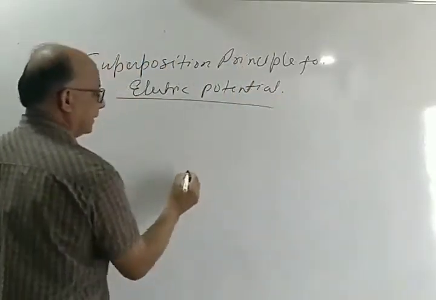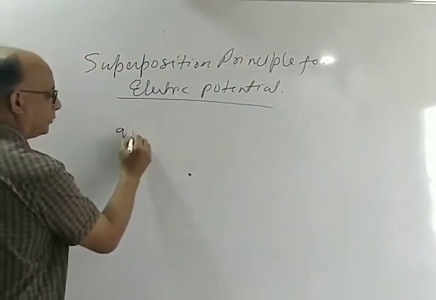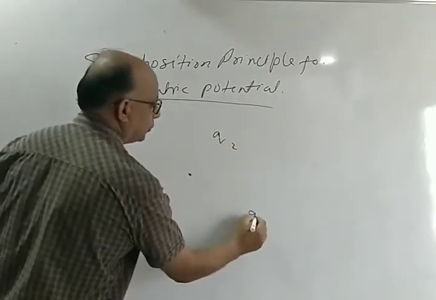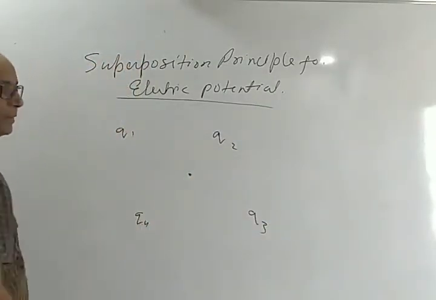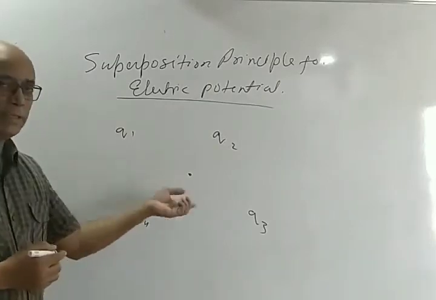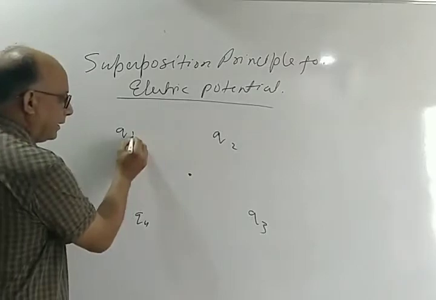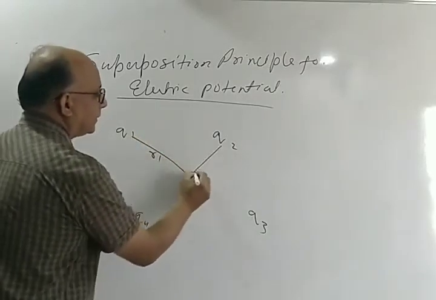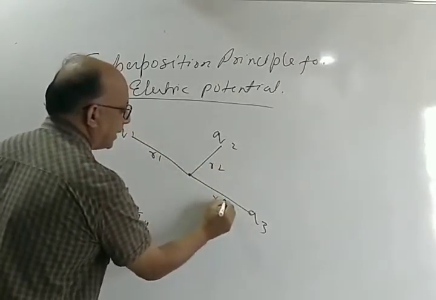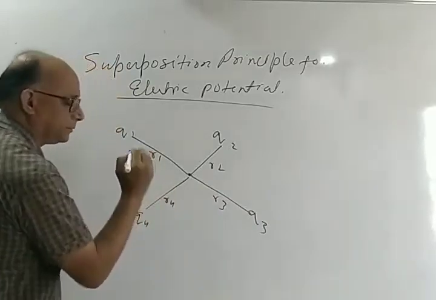See, this is a point, a number of charges are there, Q1, Q2, Q3, Q4, and we are interested in calculating the electric potential at this point. This distance is R1, this distance is R2, this distance is R3, and this distance is R4.